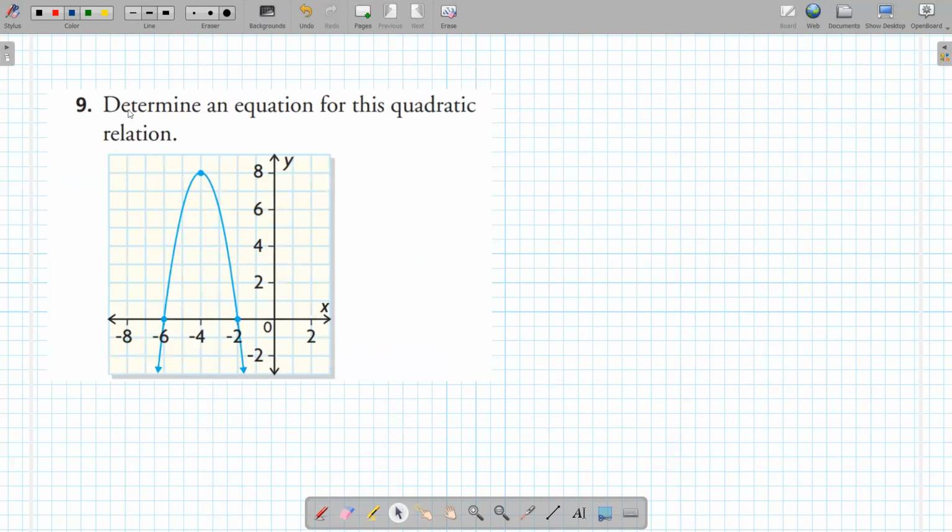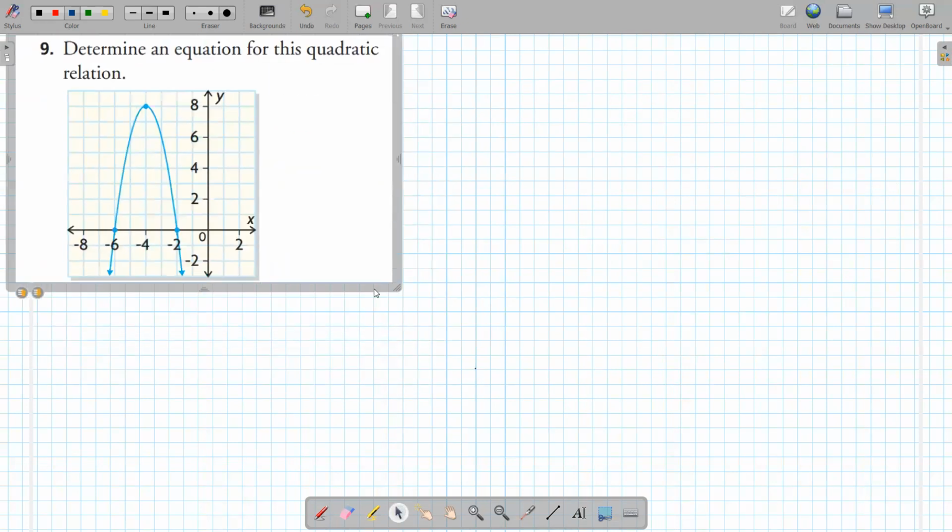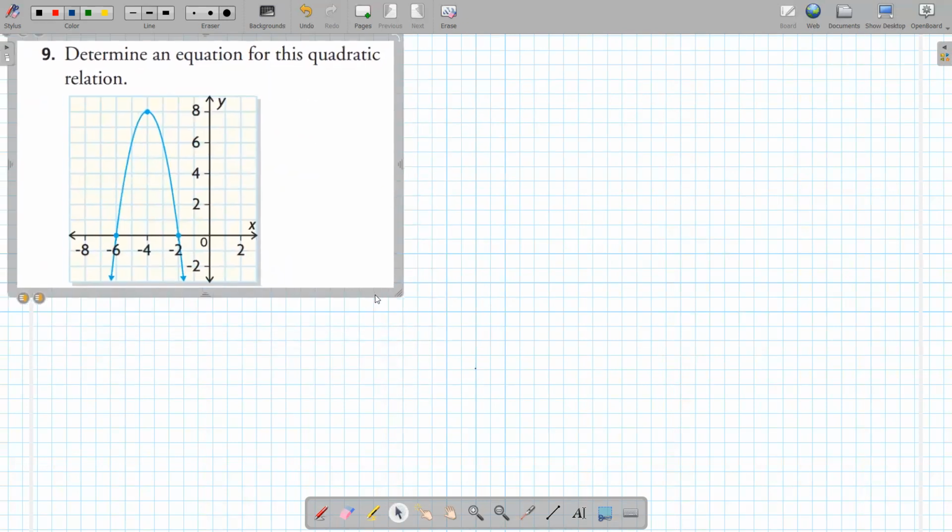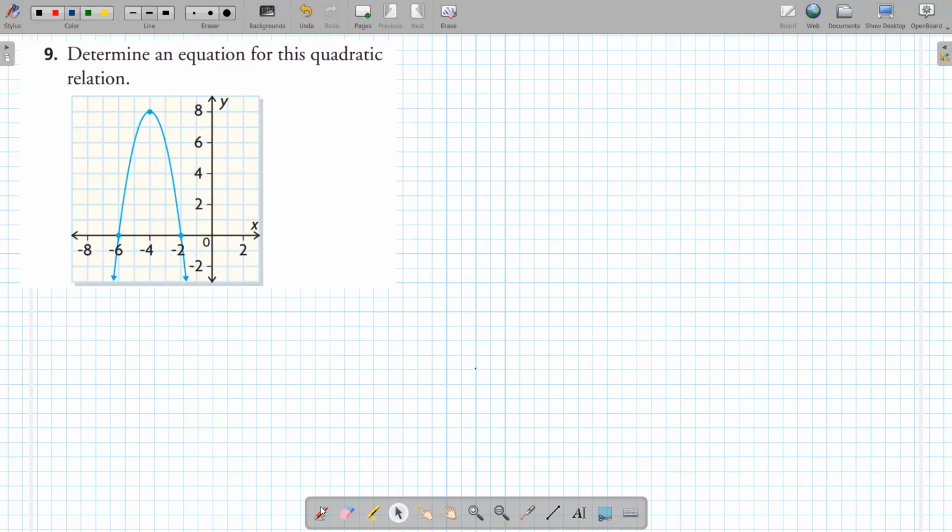what have they given us in this question? They've given us some information. What do you think they've given us? The vertex. They've given us the vertex. What's the coordinate of the vertex?